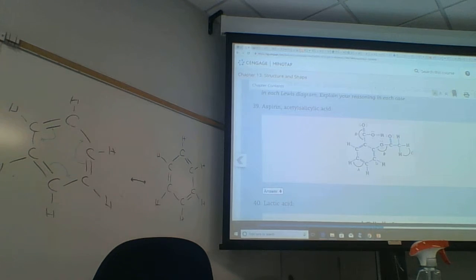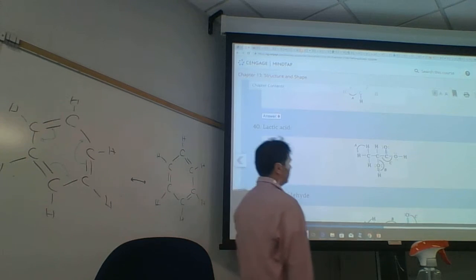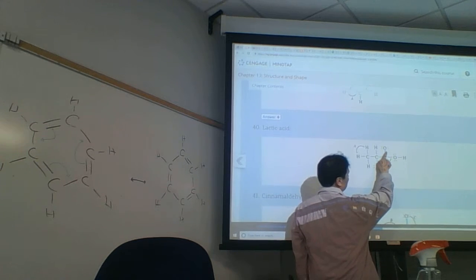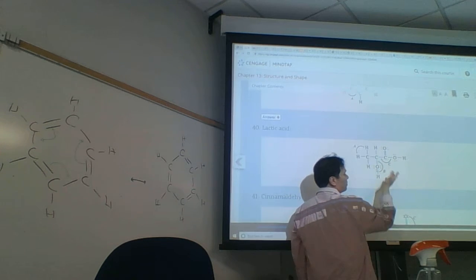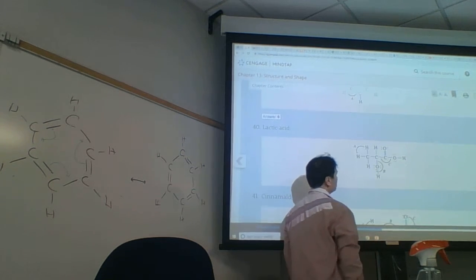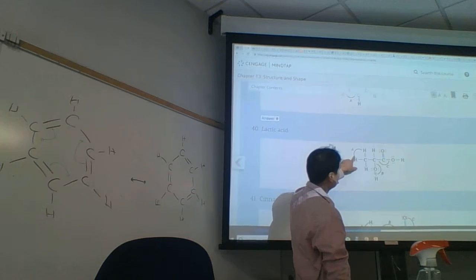That's aspirin. Lactic acid must be an acid, of course. Lactic acid. And we can see, look at it, it has COOH, the carboxyl group right here. So it's a carboxylic acid. So let's take a look at the angles. Angle A, tetrahedral, 109.